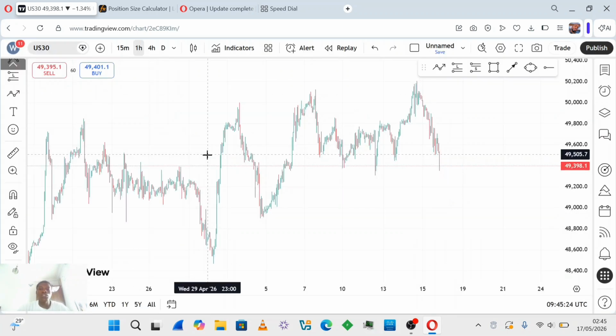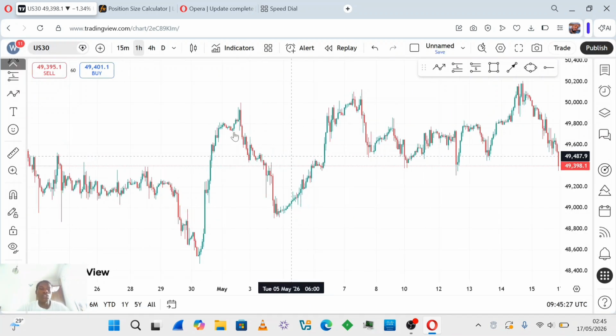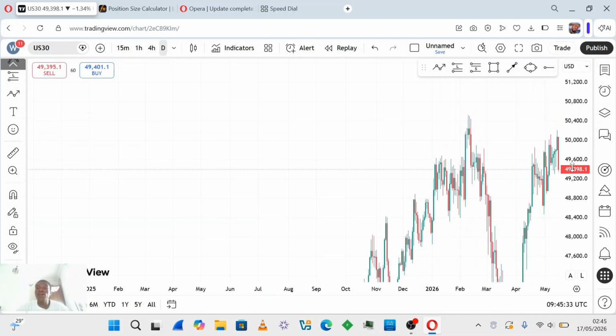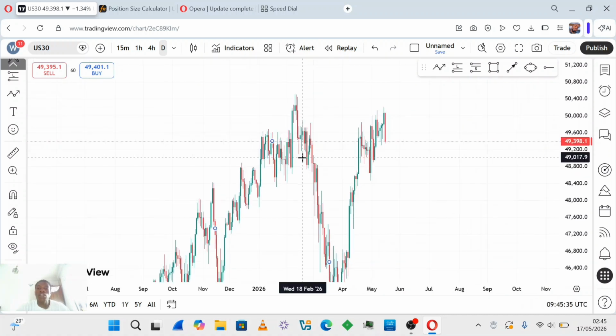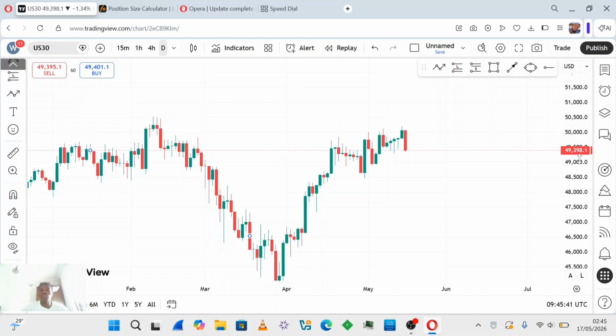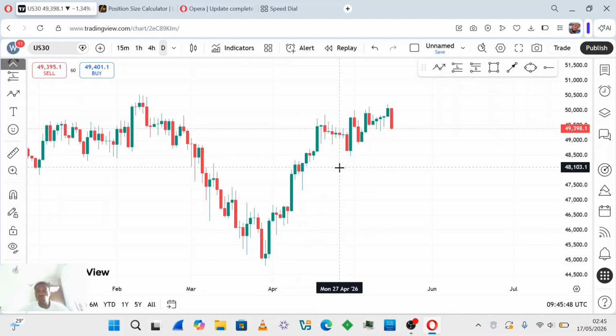the Wall Street. So this is on US 30, and I always love to go to the higher time frame and break it down to the smaller time frame, because being able to see the overall move gives me the confidence to hold my trade for a very long time as a swing trader, because I have already seen the place it is going to, not like using the 1 minute chart where everything moves very fast.